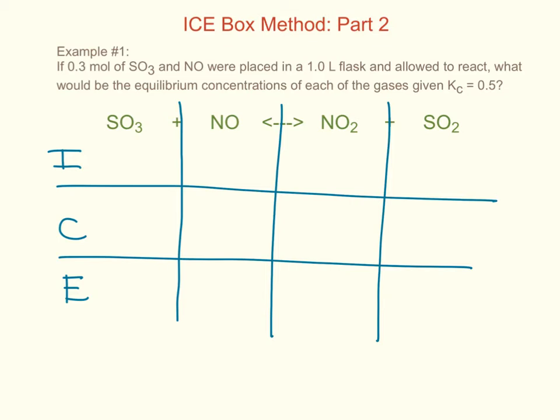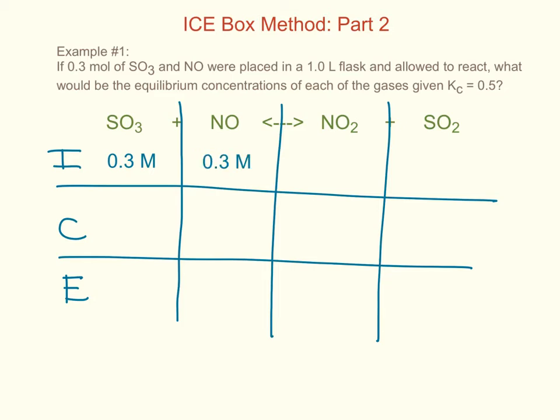So for SO3, 0.3 moles over 1 liter is my volume in this case, so it makes my math really easy. 0.3 moles over 1 liter is 0.3 molar for SO3. And NO has the same amount of moles as SO3, so 0.3 divided by 1. My concentration for NO is also 0.3 molar.